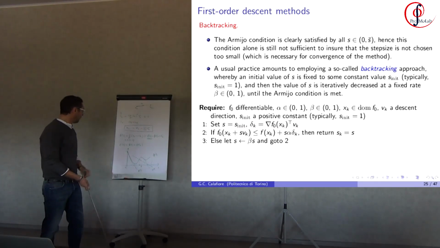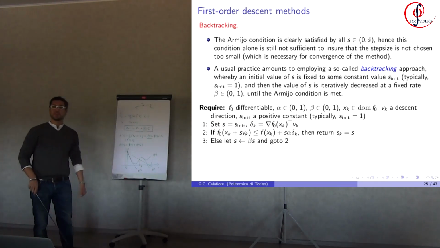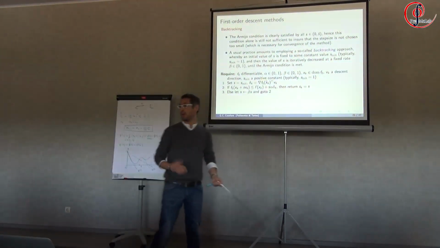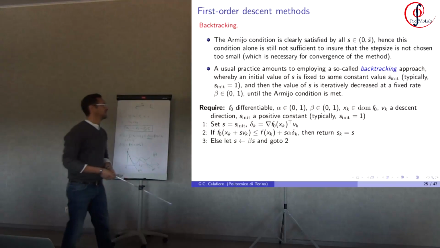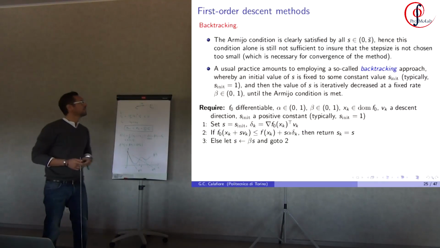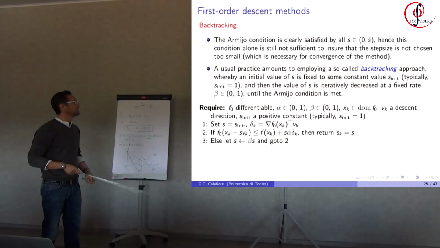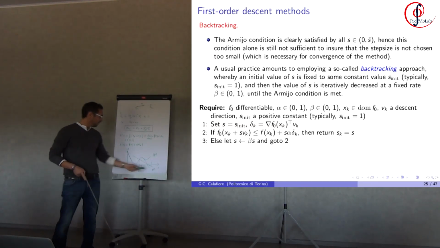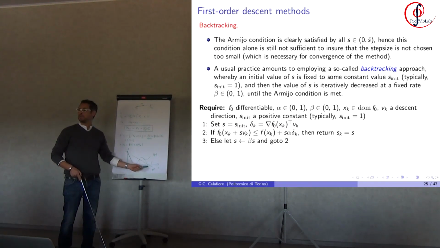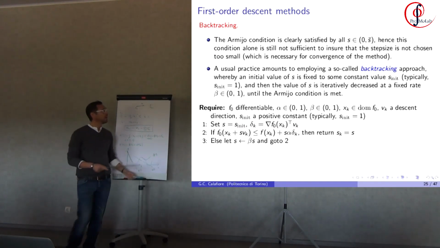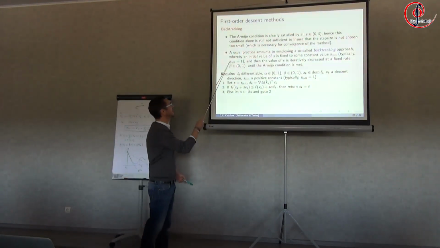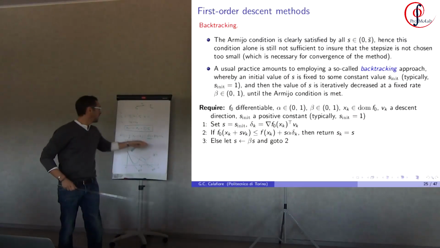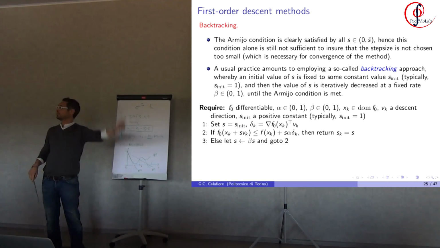So how do we avoid choosing too small a step size? Well, we apply a procedure called backtracking, which is essentially something similar to bisection. We start from some initial value of the step size that I call s initial, for instance 1, which means doing a full step.